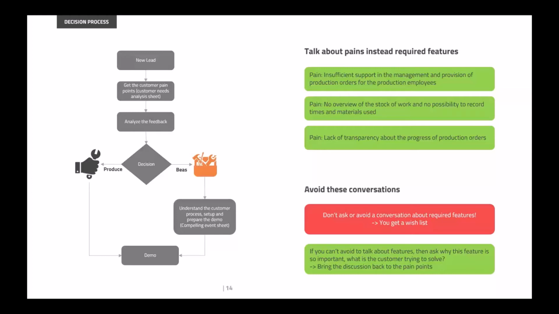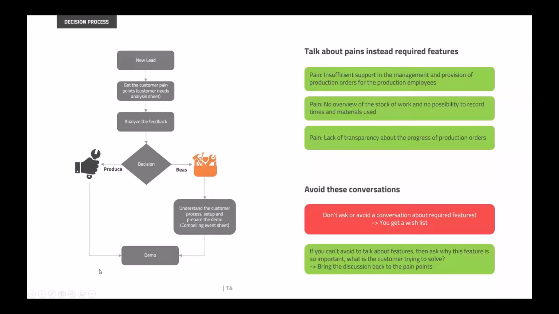It helps you to find out more exactly what is required in the process. This helps you in the preparation of the demo, to find a setup in Beas that fits this type of customer. But this is the second level, after the general decision: should we go forward with produce, or with the toolbox, in this case Beas?